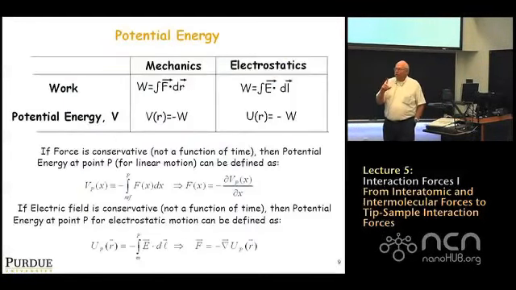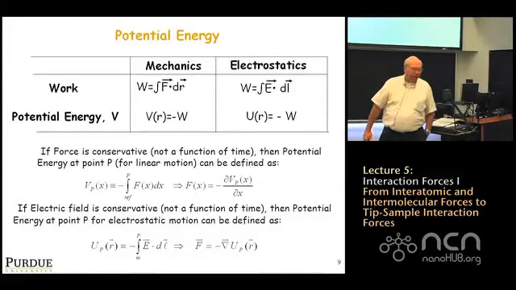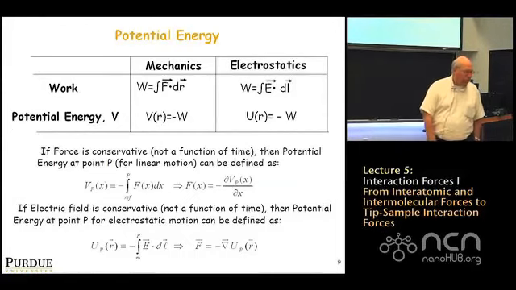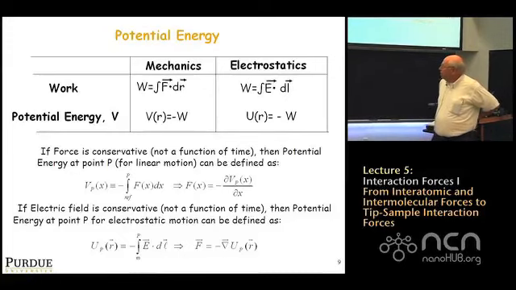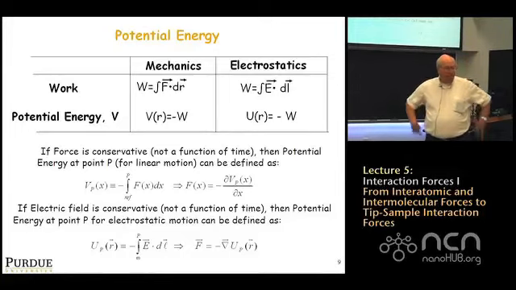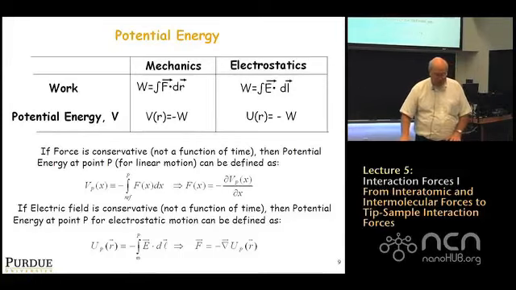Another important quantity that electrostatics deals with is electrostatic potential energy. Electrostatic potential energy is defined in a similar way to mechanical potential energy, and it basically goes back to the definition of work. If you have a mechanical system and you exert a force over a distance, you say you do work on an object.